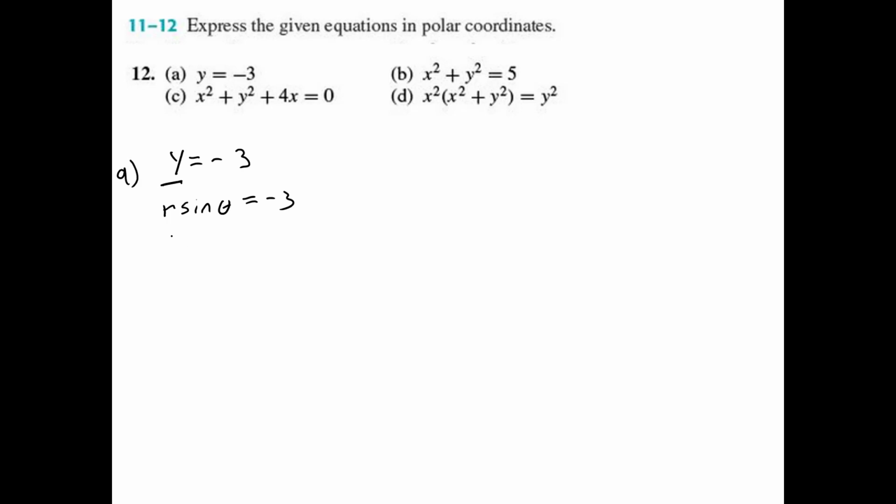And then we can divide both sides by the sine of theta, so r is equal to -3 times the cosecant of theta. And there we go. For b, x squared plus y squared, we know that's r squared. And we can square root both sides. No need for the plus or minus here. It's still going to be a circle. r equals the square root of 5. Keep that simple.